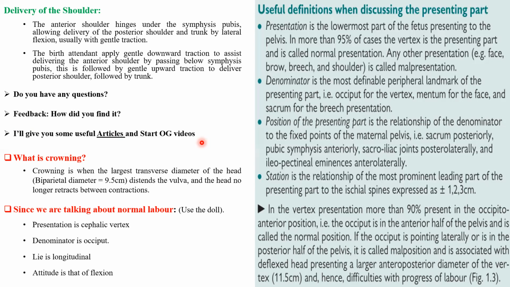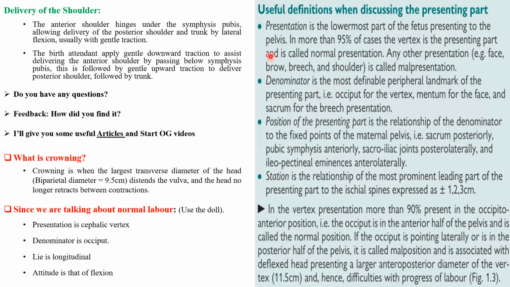So presentation means the lowest most part of the presenting part in the pelvis. The most common presentation is vertex at 95%, breech 3 to 4%, and less than 1% the other presentations.